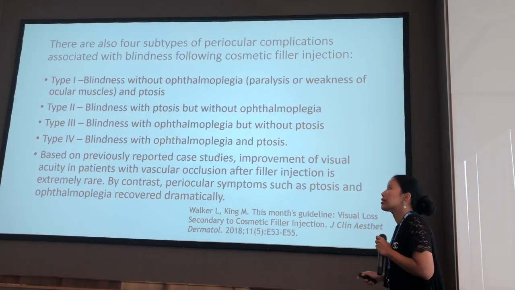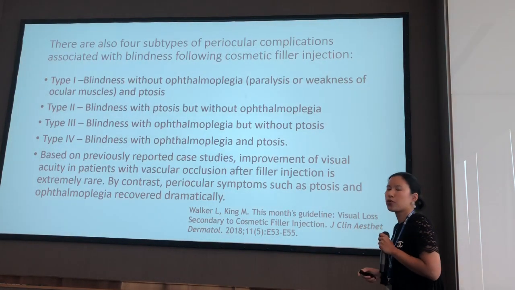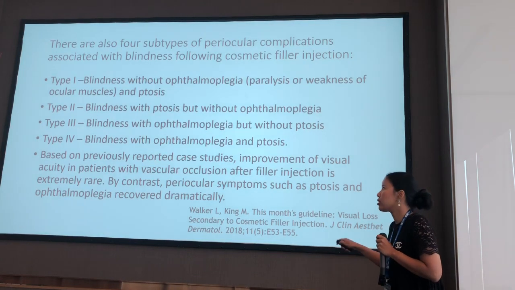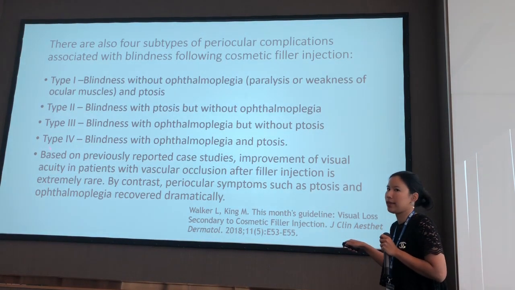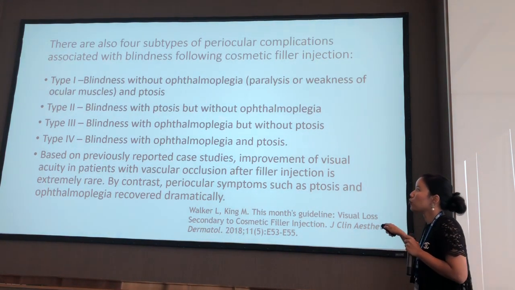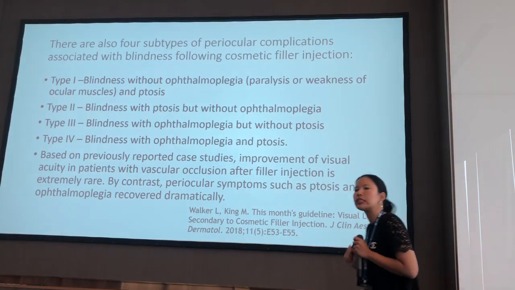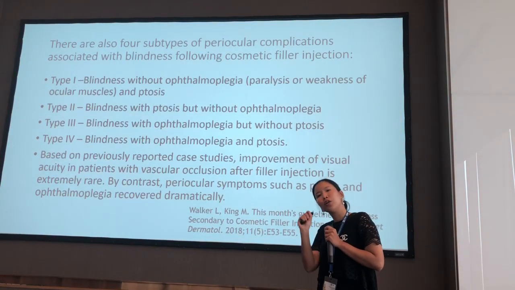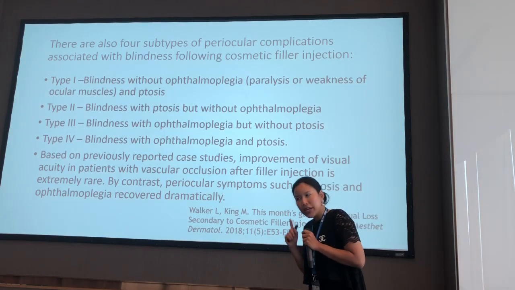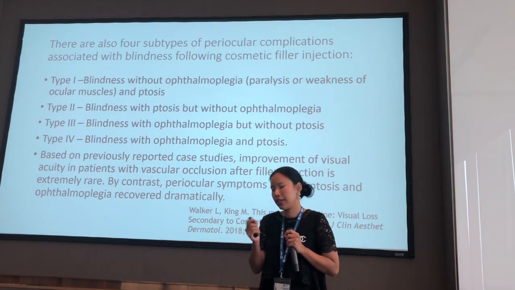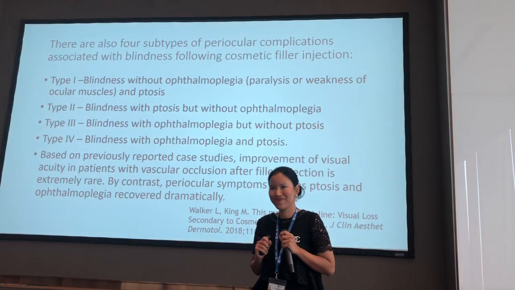The prognosis of blindness is very poor. Not much improvement in visual acuity. But for ophthalmoplegia and ptosis, the prognosis is better. Do you know the reason behind this? The key word is end organ damage.